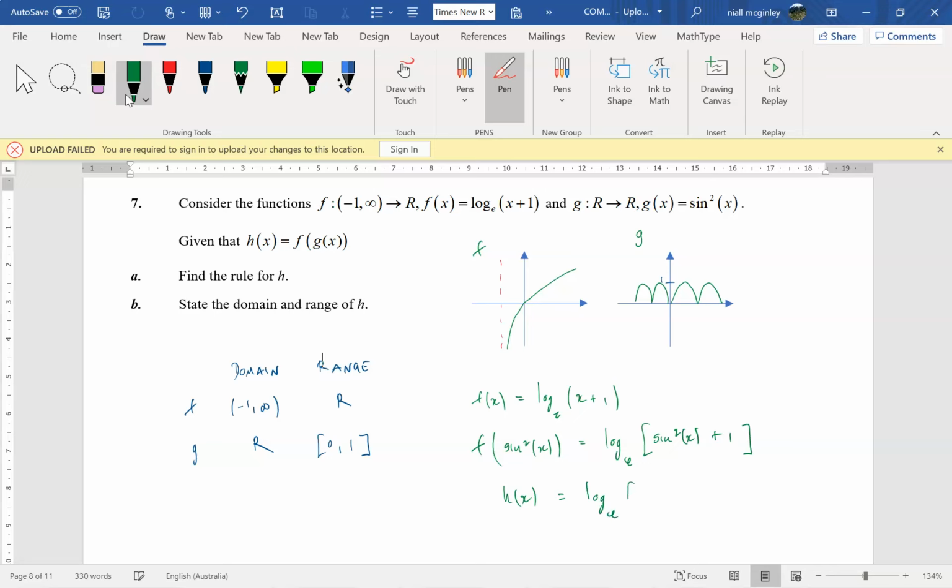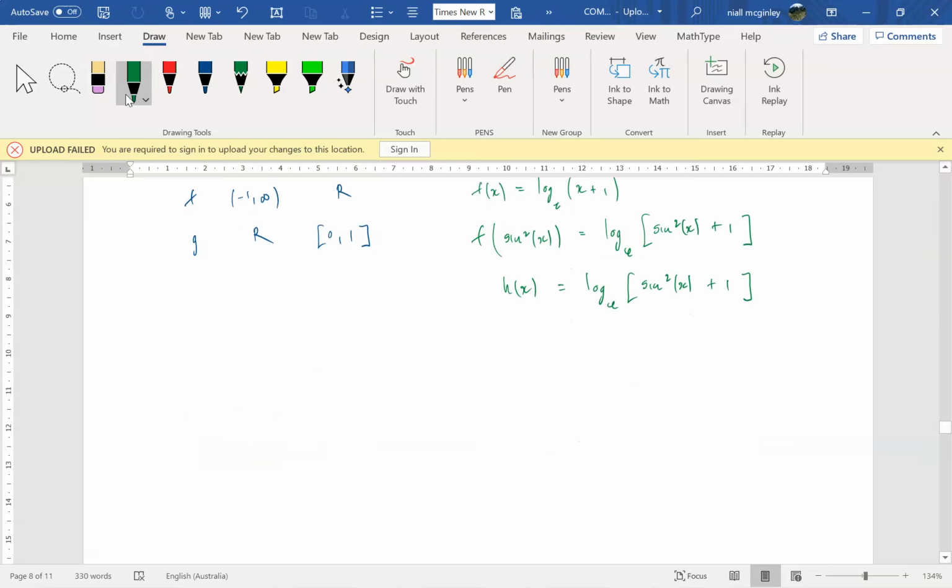Now, looking at the next question, we want to find the domain and range. I'm going to look at this little sketch, it'll help the understanding. f of g of x means that g of x is the first function performed, and then we perform f on that, which gives us f of g of x.